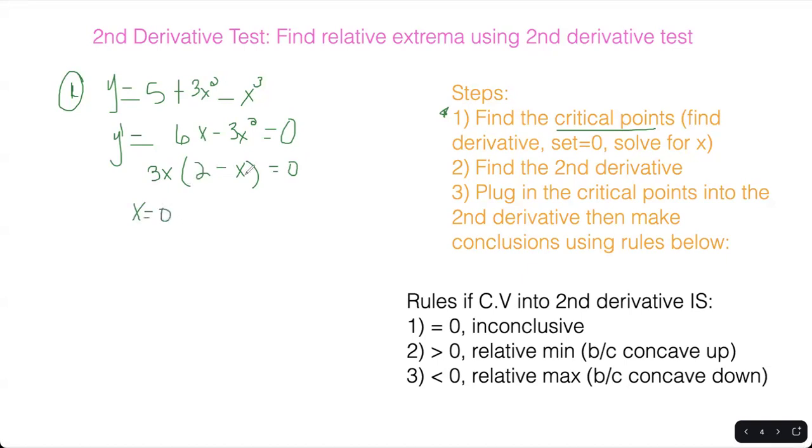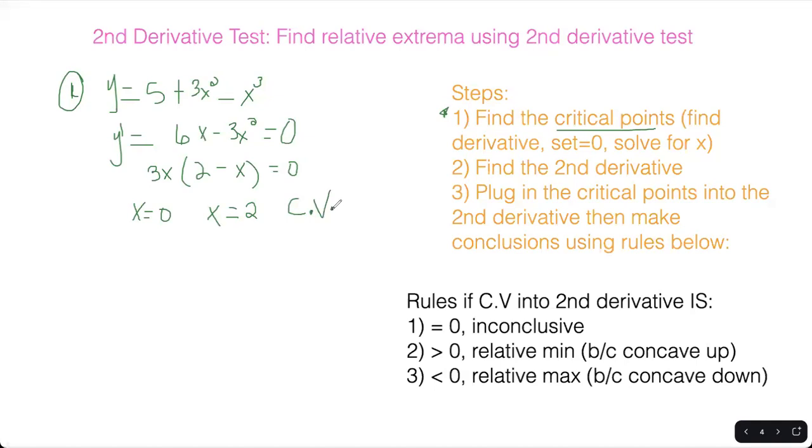And when I set 2 minus x equal to 0, I could just add the x over, and then I would get x equals 2. You could subtract the 2, but then you'll have to divide by a negative, which switches it back to a positive 2. Okay, so these are my two critical values, and I'm abbreviating these as CV.